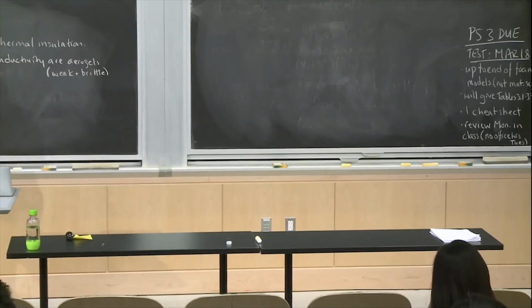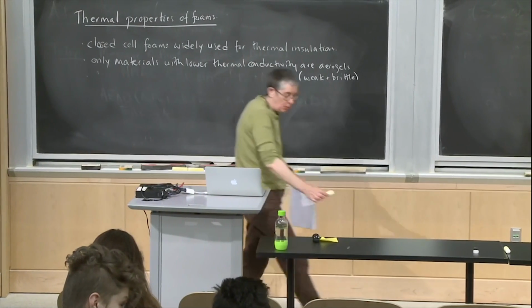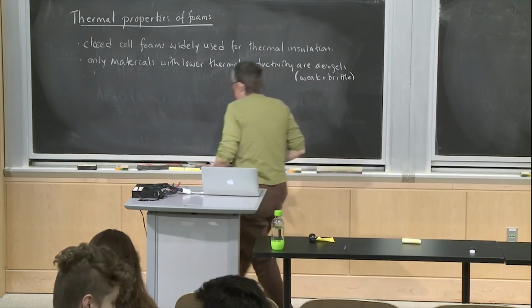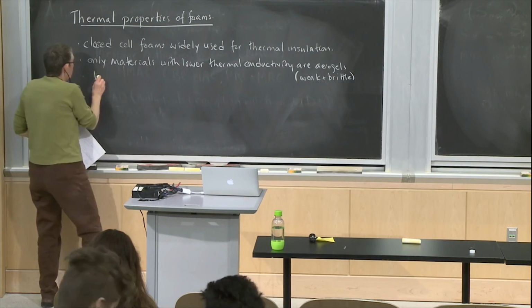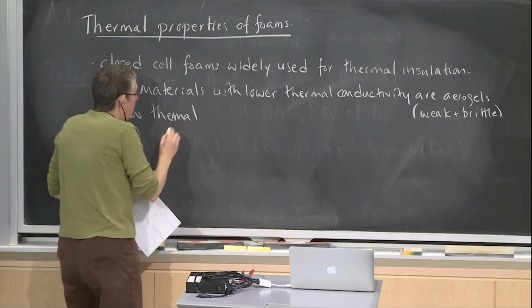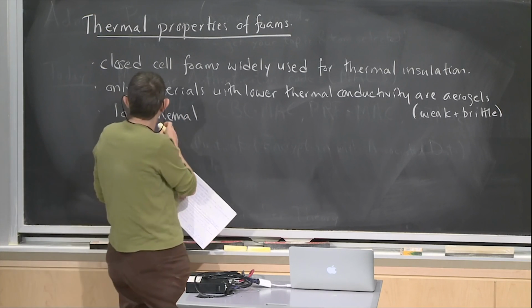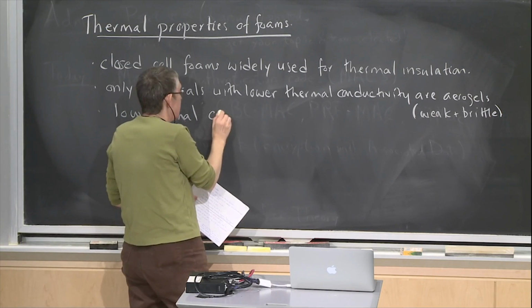Okay, so we're going to focus on foams. And oops, use this piece of chalk. We can say the low thermal conductivity of foams arises mostly from the high volume fraction of gas, and that the gas has a low lambda, a low thermal conductivity.